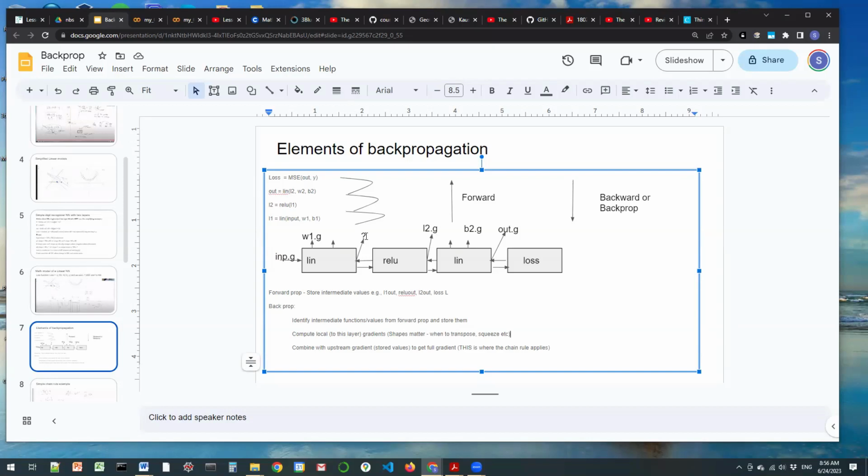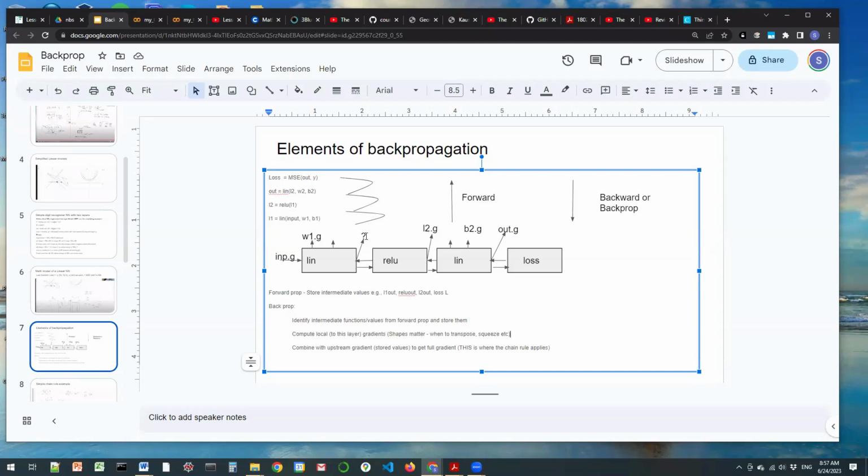Sorry, I'm going to pick Mayank or Mehul or anyone. Is anything I'm saying making sense? Questions?